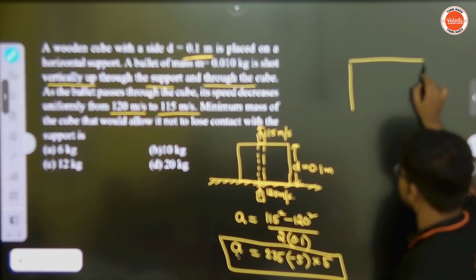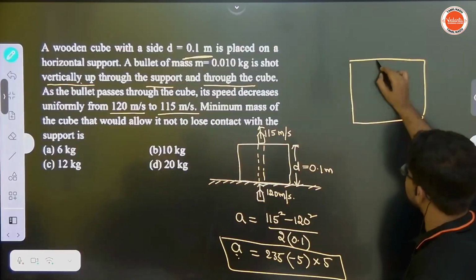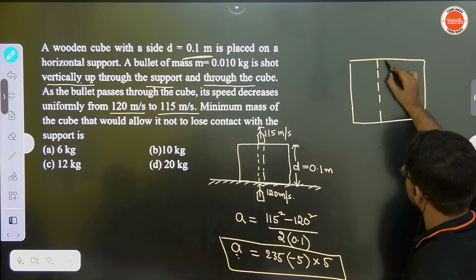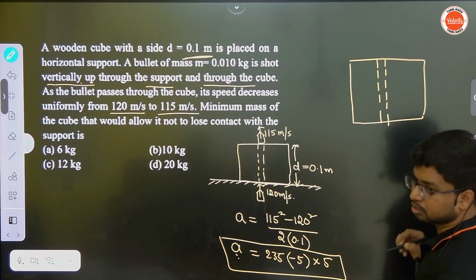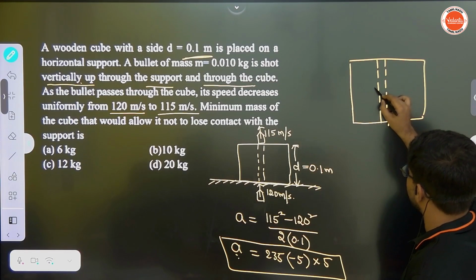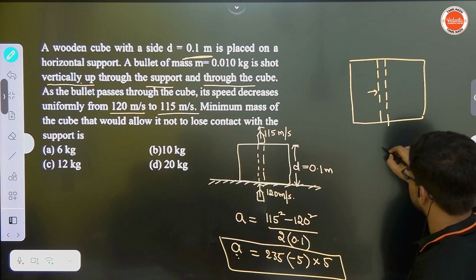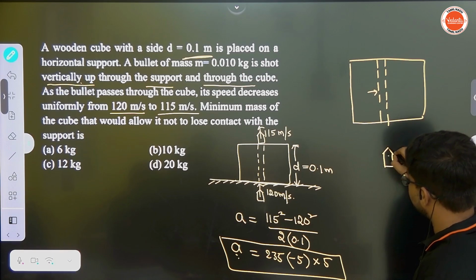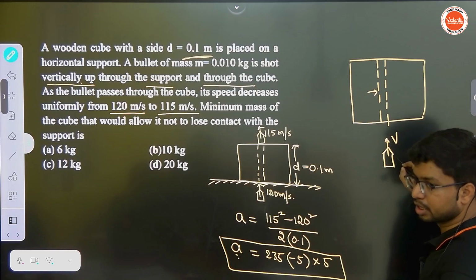But who is causing this deceleration for the bullet here? Let us draw the free body diagram. When the bullet is inside this block, assume that this is the path through which the bullet is moving, right? Now, at the instant when the bullet is at some location over here, let us say I draw the free body diagram for the bullet. The bullet's velocity is in the upward direction.